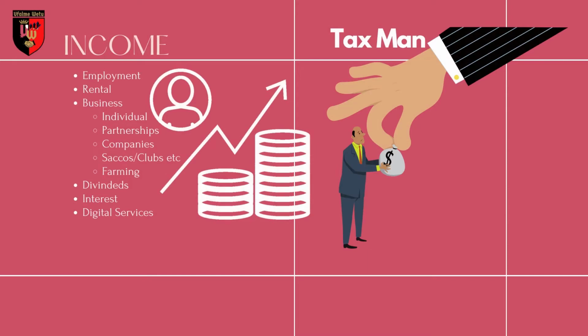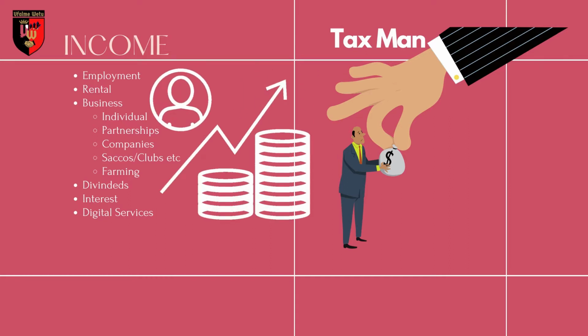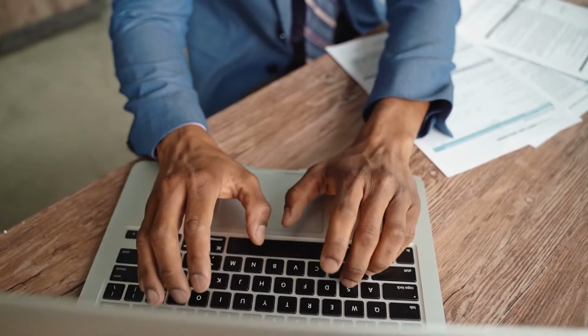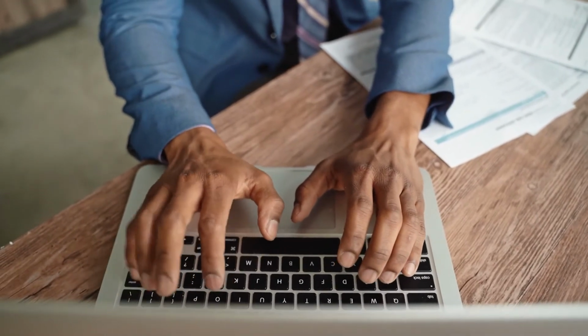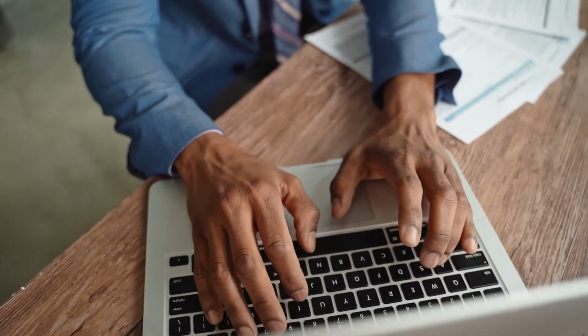So income is any money generated by a person in form of revenues from business, or rent from property, or interest earned, dividends earned, and most importantly, from employment. So taxable employment income in Kenya will include all payments made by an employer to an employee.